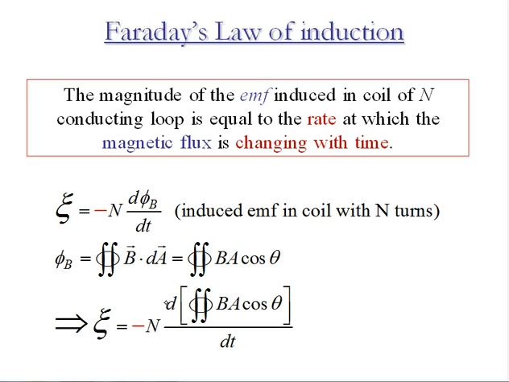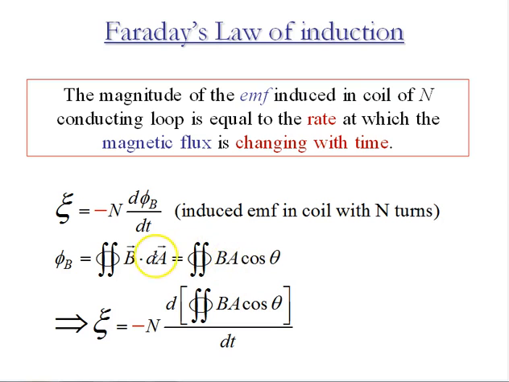The magnitude of that EMF, then, since our flux is the closed integral of B dot dA, if you recall from the last video, it's the product of our magnetic field times the area of the loop, where the magnetic field is parallel to the normal vector to the area of the loop.